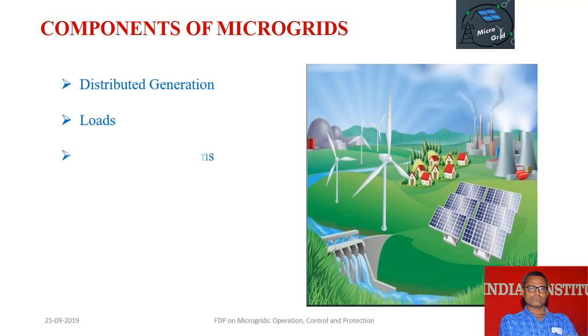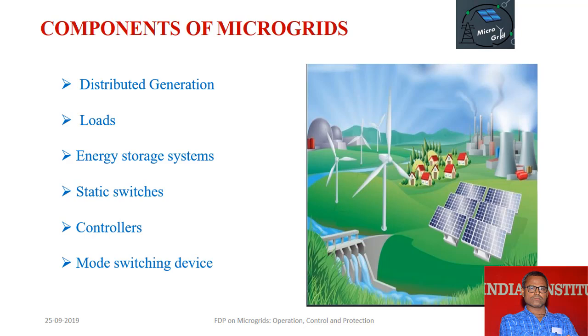Therefore, distributed generation, loads, energy storage, and we cannot ignore, last but not least, the static switches, which play a very important role, in fact, right? That is the power electronic switches. Then obviously we need controllers. Then a mode switching device, that is used for switching to different modes of operation.